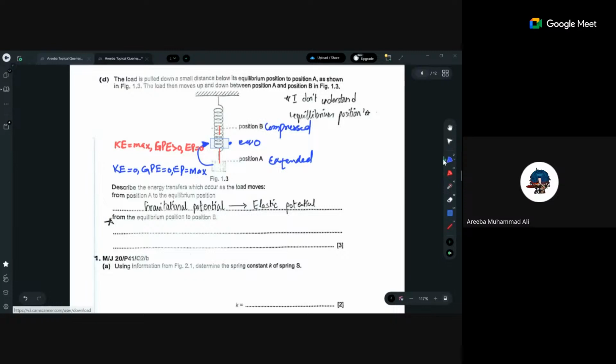At point O, equilibrium position. A के लिए तो मैंने ये लिख दिया ना. At point A is this, at point O is this, and at point B, basically the spring would stop again, so kinetic energy would go to 0. It has the highest GP over here, so gravitational potential energy is maximum, you can say.